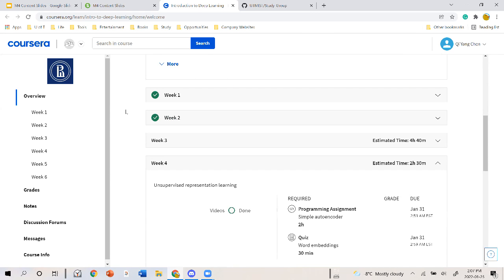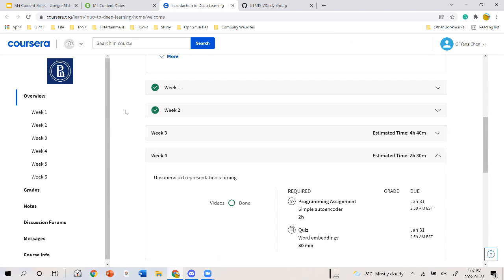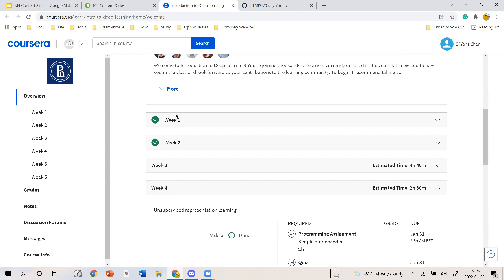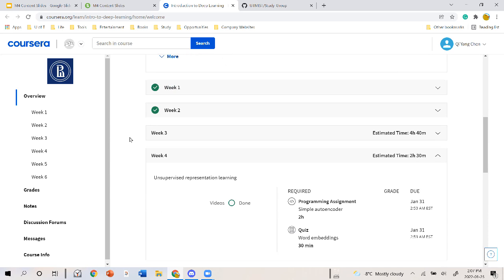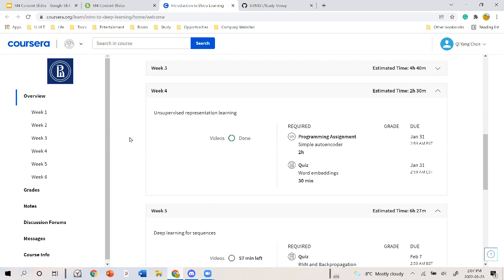We started in the fall semester. We already went through weeks 1 to 3, which focused on basic neural networks and convolutional neural networks, so that's for images. In this semester, we're looking to move to the later modules. We call them modules, since weeks might be a bit misleading.